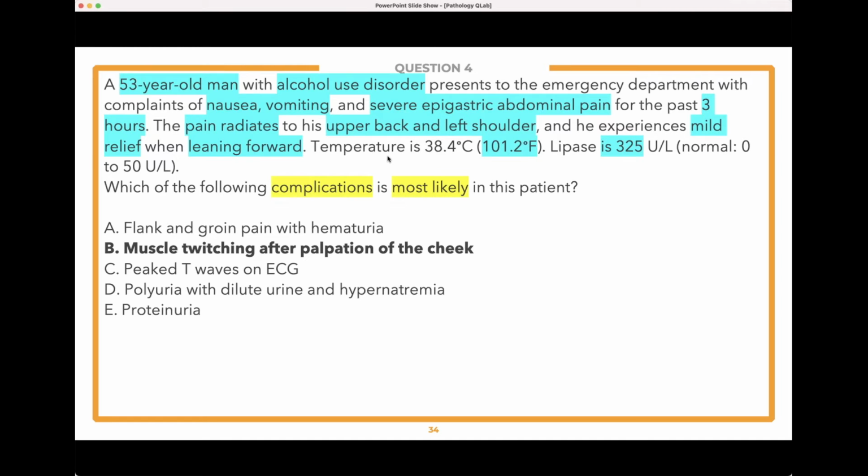And lastly, answer choice A, flank groin pain with hematuria, that's seen in nephrolithiasis, which could maybe suggest hypercalcemia, not hypocalcemia. So again, a good question here that required getting a few steps correct on the way, but hopefully you guys are able to pick up on the best way to approach some of these pathology questions. And I will pass it back to you, Jeff.